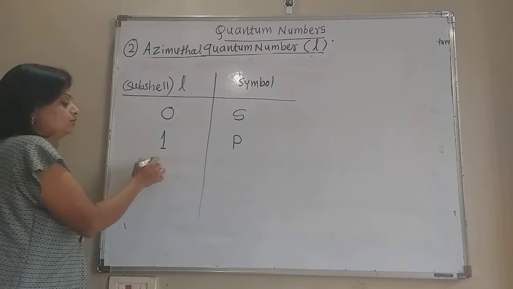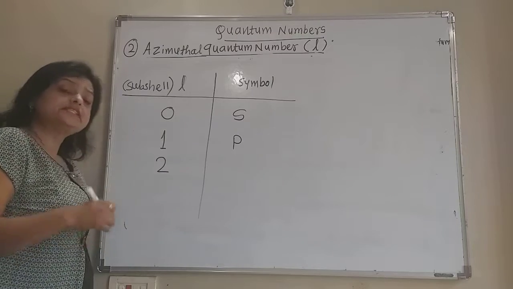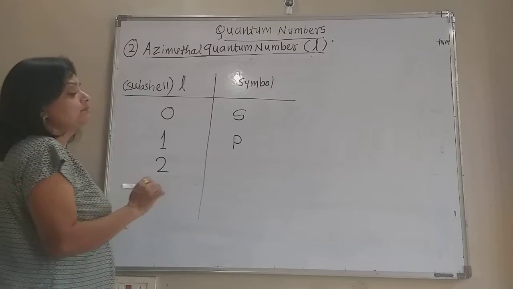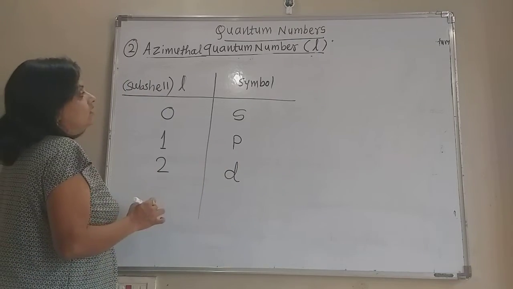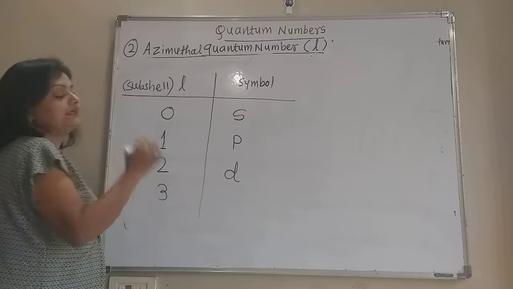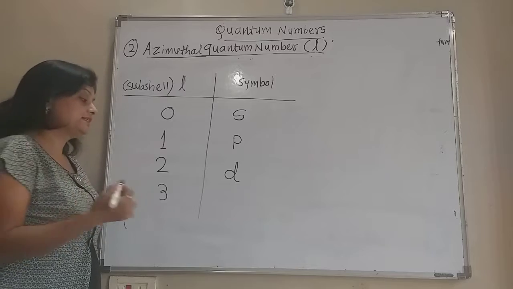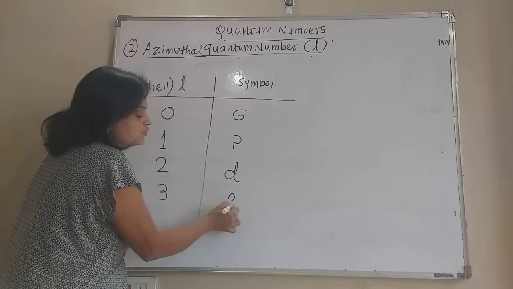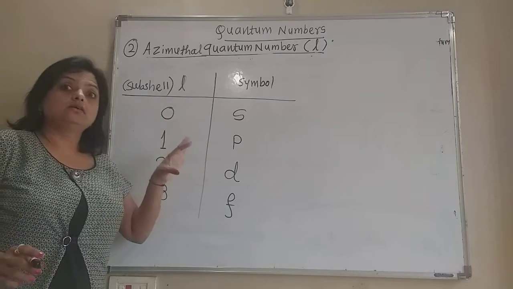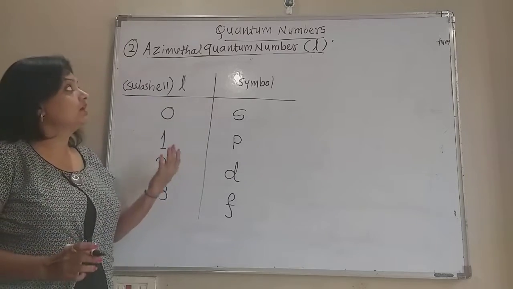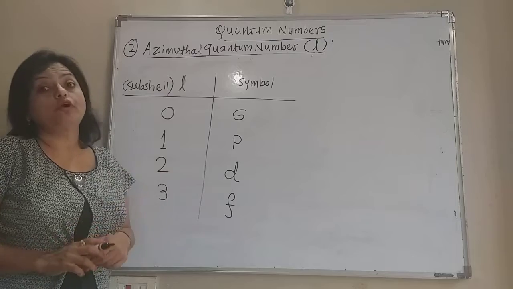If the subshell has the value 2, then the symbol is small d. And if the subshell has the value 3, then the symbol is small f. In this way, these are the subshells given by the azimuthal quantum number.